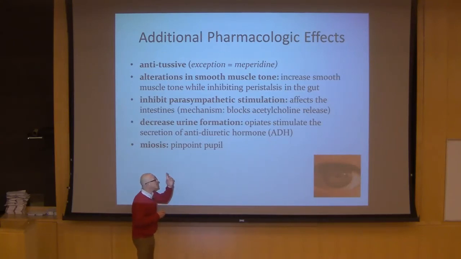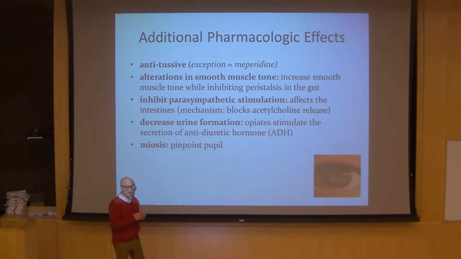You also see effect on the parasympathetic system and decreased parasympathetic activity, and all of this ends up as constipation. Finally, there's effect on urination. That's through ADH, antidiuretic hormone, and there's also the meiosis.